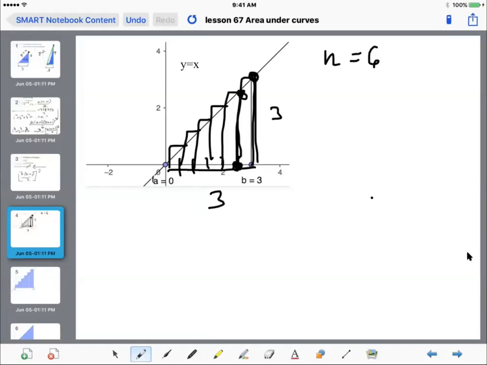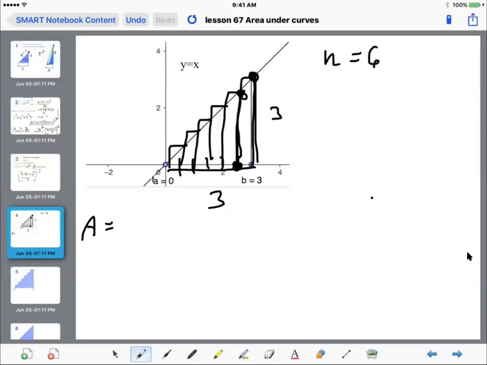Now, if I want to write what the combined area is, I can say area equals, can someone type in what's the width of each rectangle? That's correct, it's 0.5.